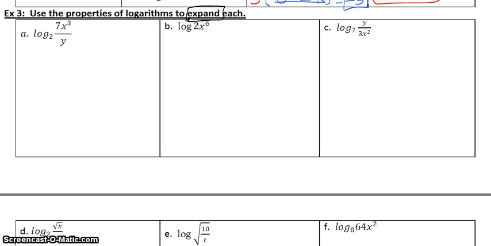When I'm expanding, my goal is to make it so that every single piece that I have in my log statement has its own log, and every number and variable counts as its own piece, except the base. The base just goes with the log every time, so that we don't worry about. Alright, when I'm trying to expand, I can do this one step at a time, or I could do it all at once. Let me show you a little bit of both.